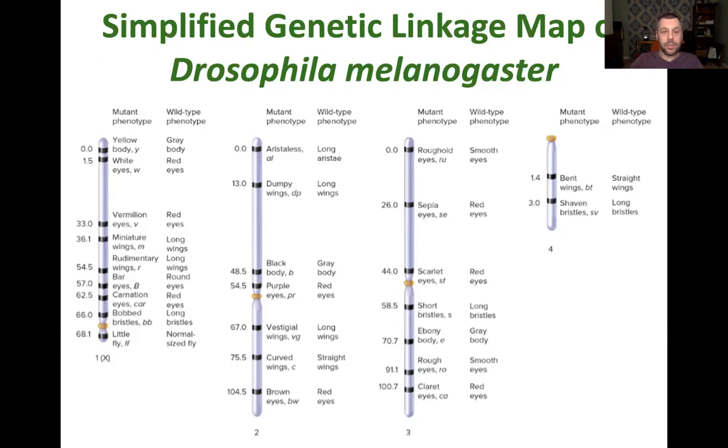So each fly, for example, would contain 2 versions of chromosome number 2, and this gene, Dumpy, will be at the same place, position 13, on both of those chromosomes. That's what a genetic linkage map is. It's just assigning positions of genes on chromosomes.